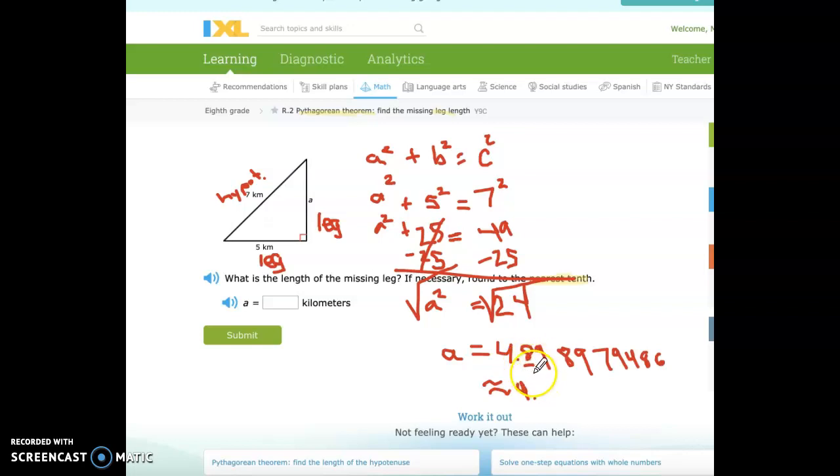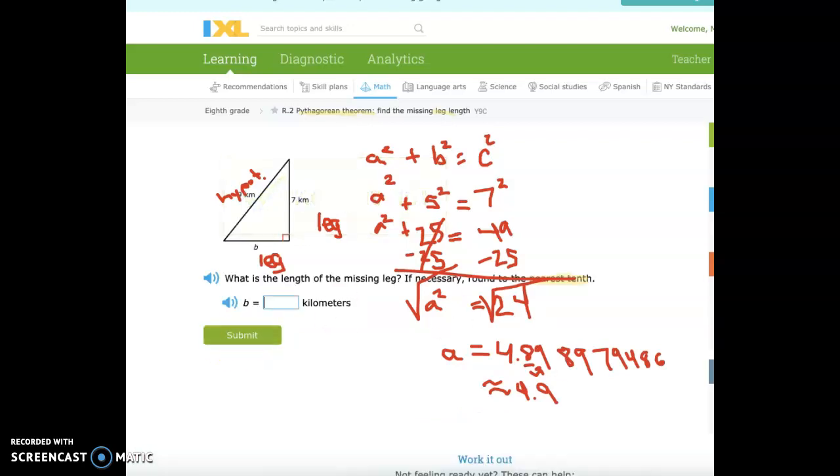I'm looking at the number that's next to it, and it's higher than a 5, so that's going to bump the tenths spot up by 1. So that brings it to 4.9. 4.9 is the answer that I'm getting back. Let me substitute that in, and then you can continue on with the rest of the problems in this section. Okay, it's good.